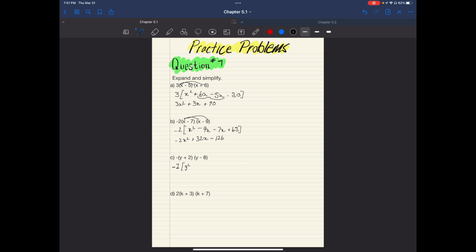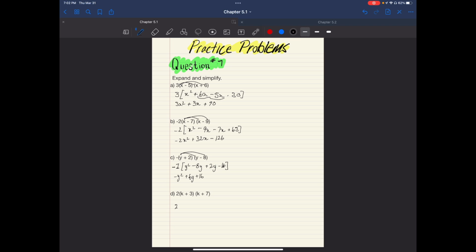We'll get y squared minus 8y plus 2y minus 16. Now, same thing, left with negative y squared. Negative 8 and plus 2 becomes negative 6 times negative 1 becomes plus 6y plus 16.